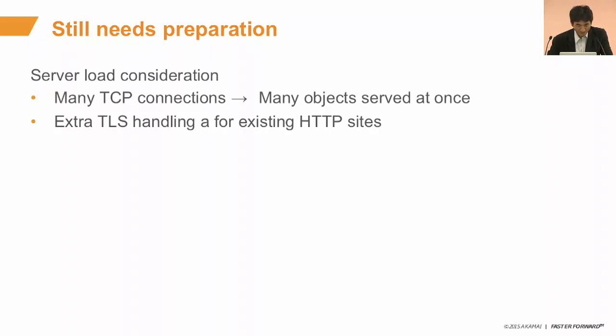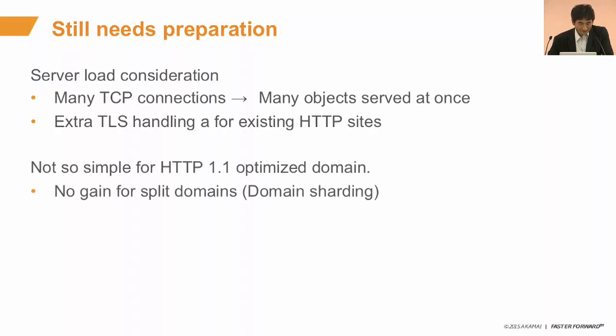before going into production. And the second thing is, if your server is already optimized for HTTP 1.1, then the HTTP2 performance gain could be minimized. For one example, HTTP2's multiplexing feature doesn't have any effect on split domains.